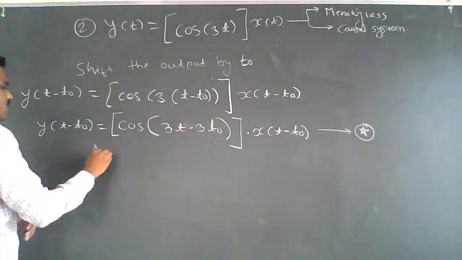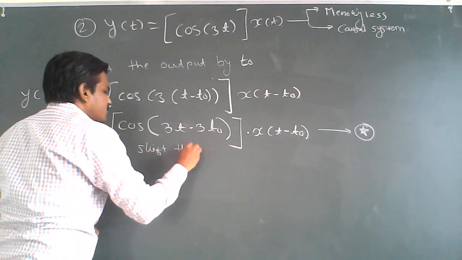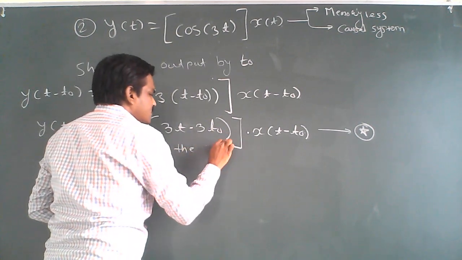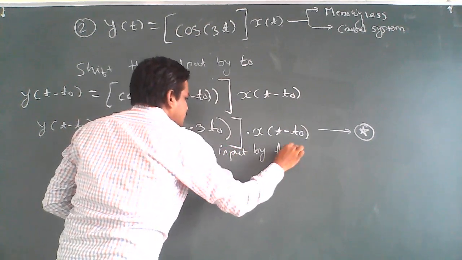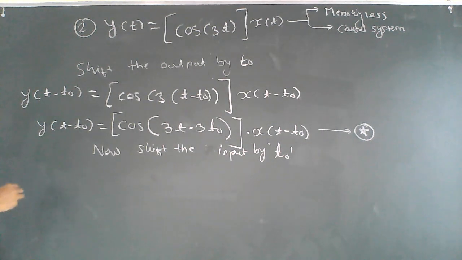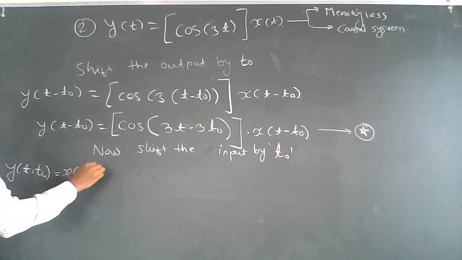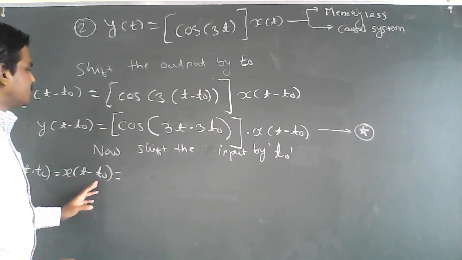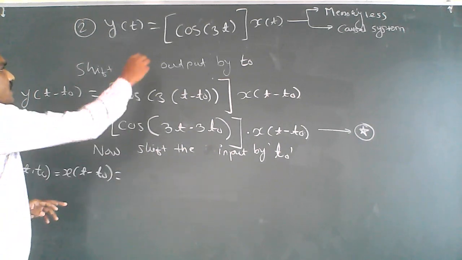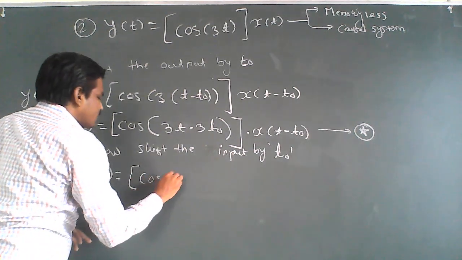Now shift the input. Now you have to shift the input by T0. So that is y of t comma T0, which is equal to, we are shifting the input, that is x of t minus T0. How do we write this? Cos of 3t.